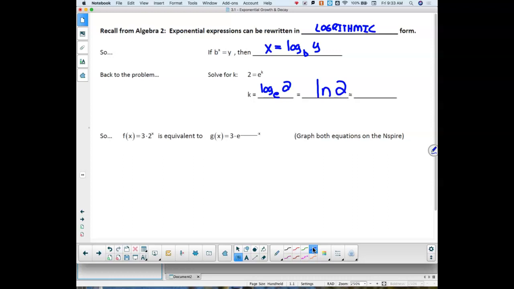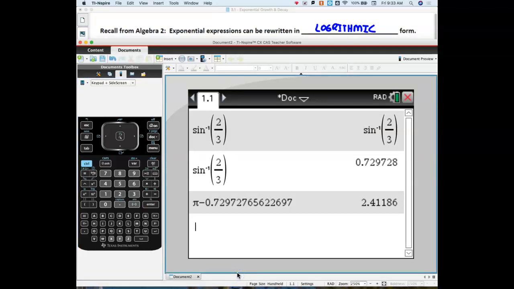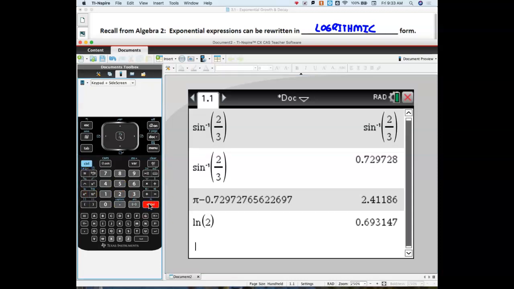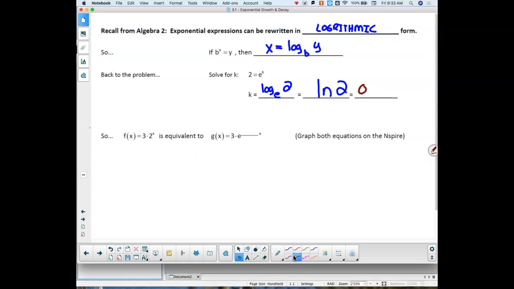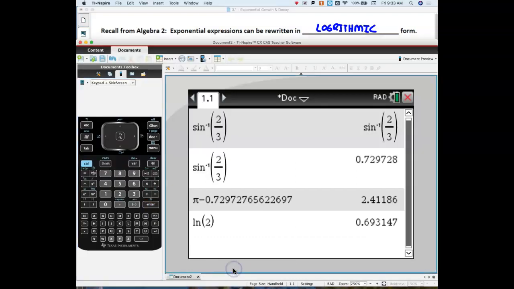So log base e is the natural log of 2. Okay? Which I can type in my calculator now, and I can figure out what the natural log of 2 is. Natural log of 2 is 0.693147.